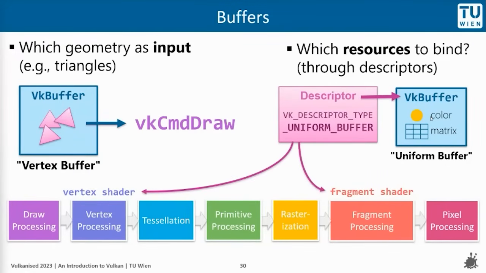And this descriptor will then be provided to the vertex and fragment shader programs so that we can use it as we have seen in the source code before. Yeah, we are binding those descriptors before recording the draw call, and then the draw call has that. But important to mind the difference between those two.